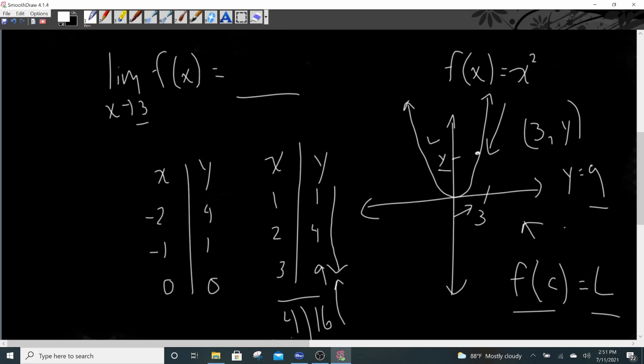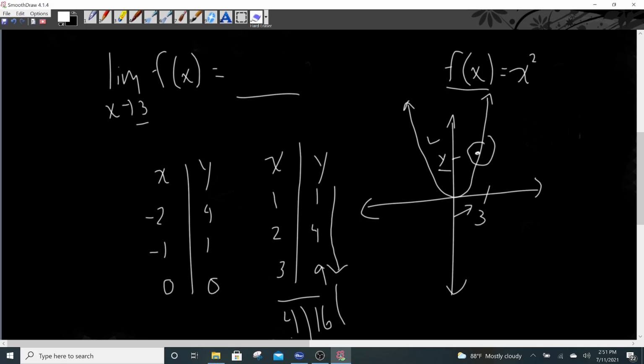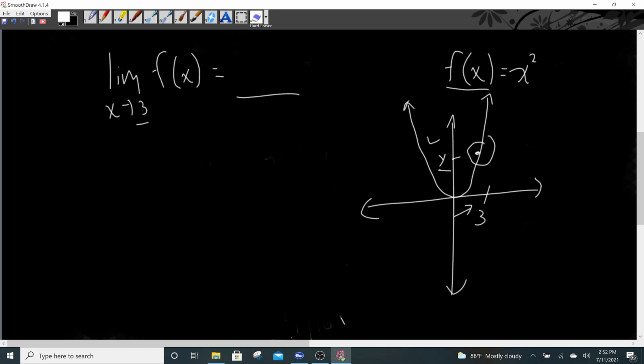So it goes like that and that. The y values are increasing from the left and decreasing from the right. That is, the function f of x is approaching 9. That's what the output of this function f of x is trying to get to. So for x squared, the limit as x approaches 3 of x squared is going to be 9.